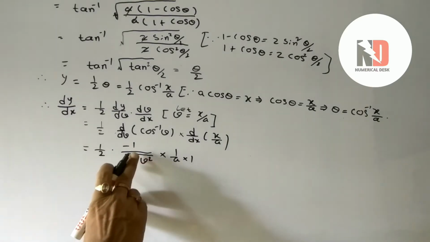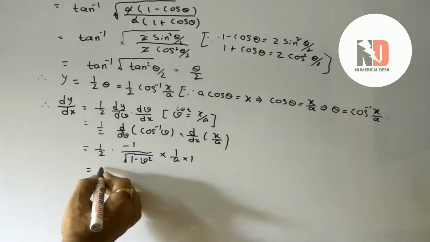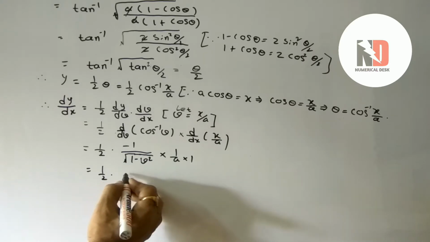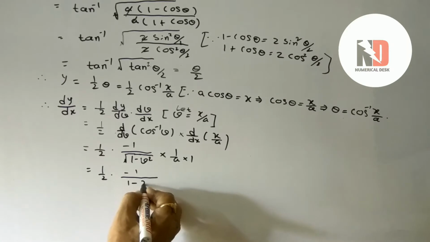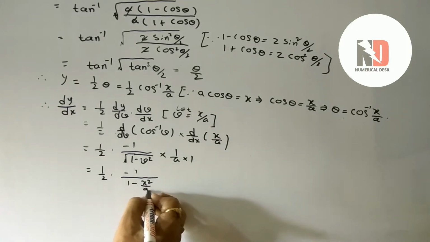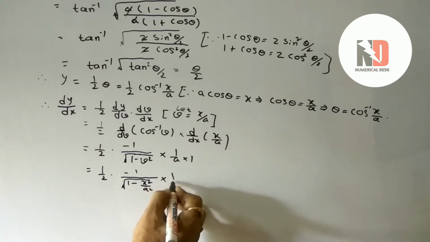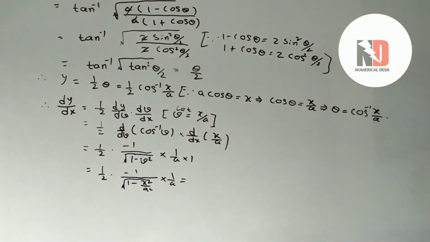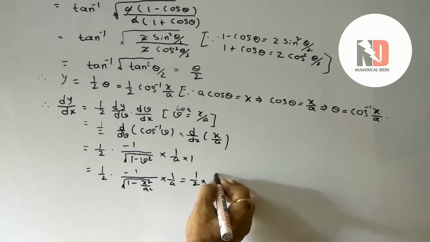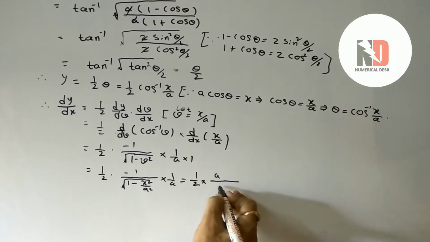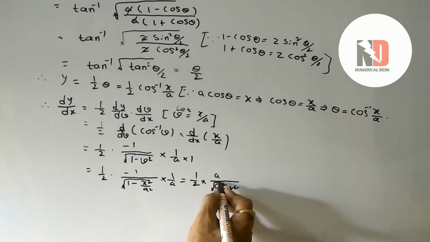We shall proceed now. It is minus, as already told, and now putting the value and simplifying, we get, in class 12, I think it is very easy for you to simplify this form, into 1 by a into 1. Now half into, so a will come up after taking the square root of a square.